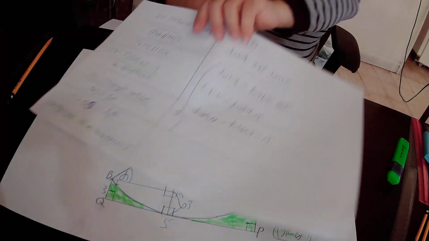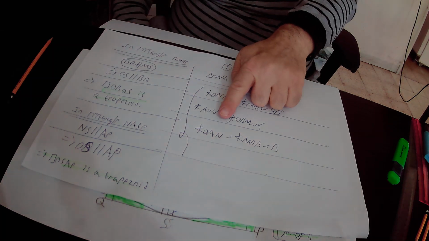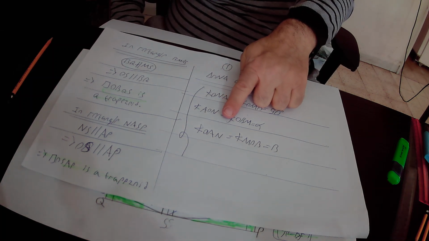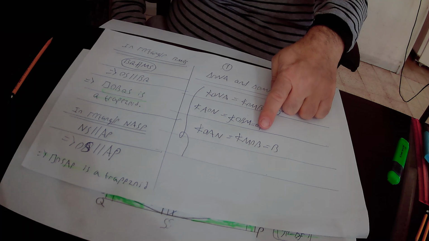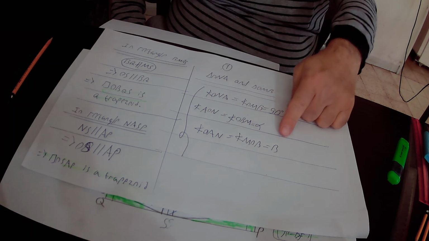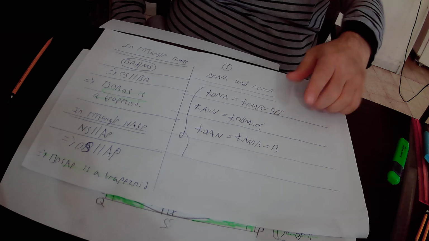Again, angle OAN in the right triangle ONA equals angle MOB in the right triangle OMB. They are both equal to beta, therefore they are equal to each other.